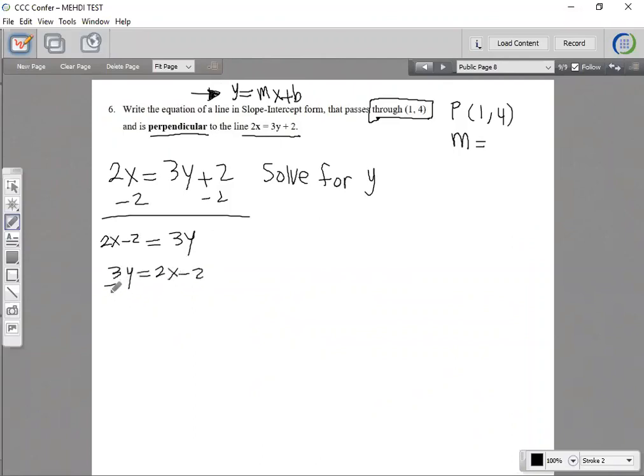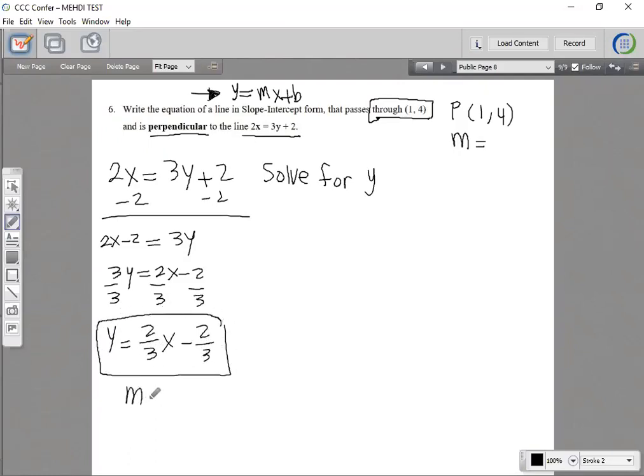If I divide both sides by 3, then y would be equal to 2 over 3 x minus 2 over 3. It means the reference line, the line that is perpendicular to my line, has a slope of 2 over 3. So what would be the slope of my line? Negative 3 over 2. Negative and reciprocal of that.